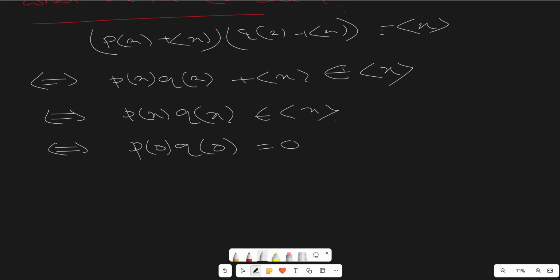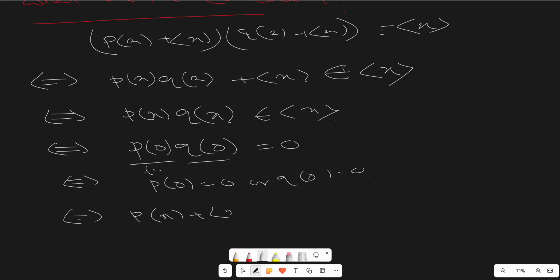Here p(0) is a constant, inside Z, and q(0) is also inside Z. So this implies that p(0) is 0 or q(0) is 0. And p(0) is 0 if and only if p(x) plus the ideal generated by x is the ideal generated by x, and q(x) plus the ideal generated by x is the ideal generated by x.